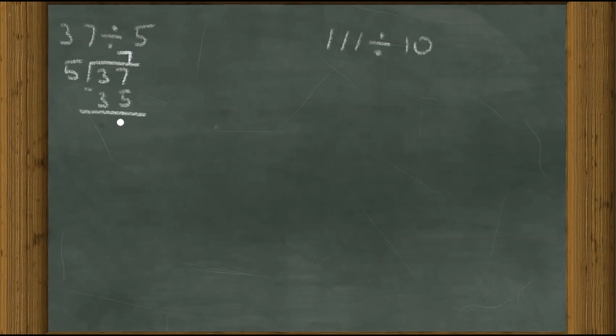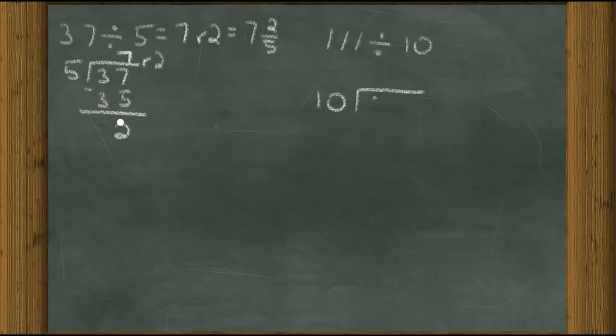When I subtract these, I get 2 remaining. So 7, remainder 2. 37 divided by 5 is 7, with 2 remaining. And that's equal to 7 and 2/5.